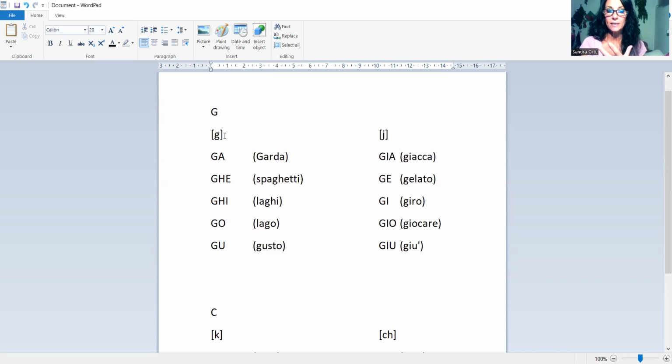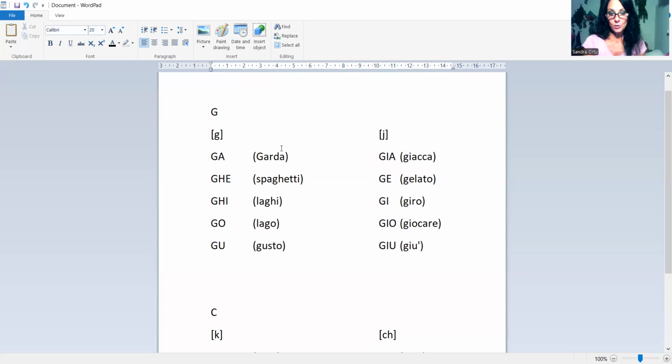This is the sound G, and this is the sound J. So how do we write the sound G followed by each of the vowels, which I have put in order? This is how we write the sound G, followed by the vowels A, E, I, O, U.